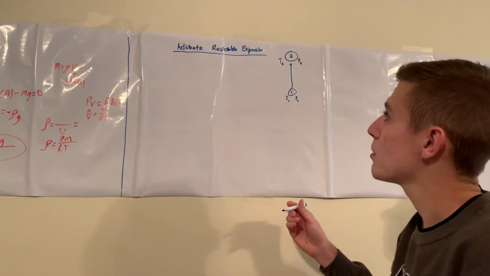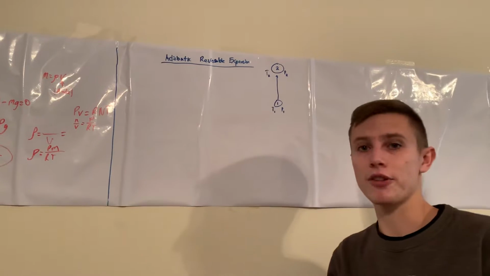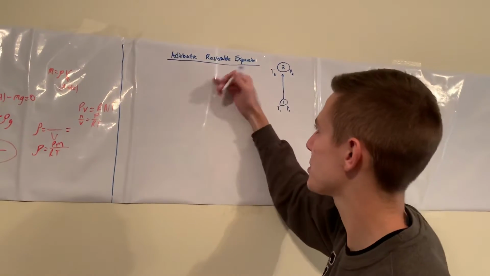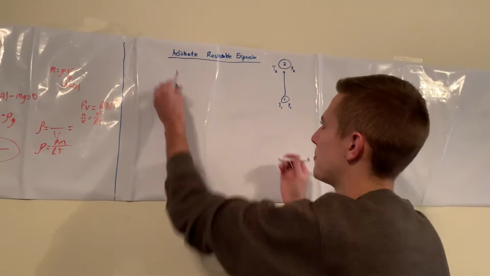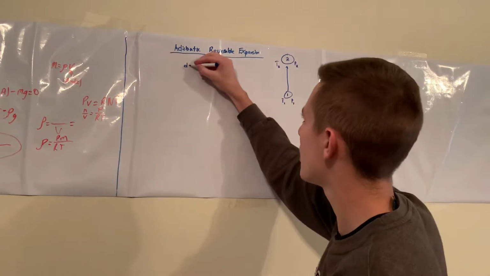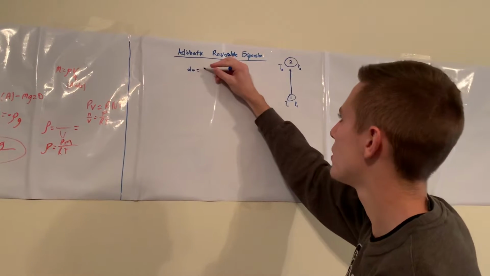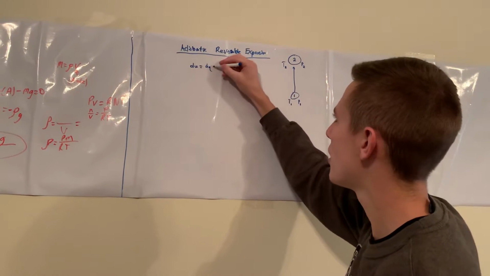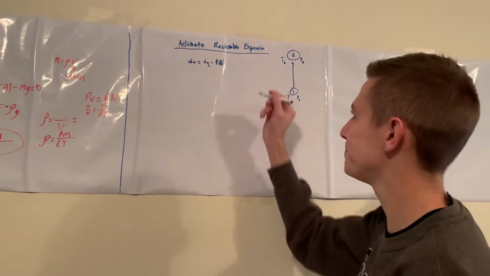Okay, so let's look at this equation. We're going to be doing this in terms of the first law of thermodynamics. Our first law of thermodynamics states that some small amount of internal energy is equal to some small amount of heat minus a pressure times a small amount of volume.